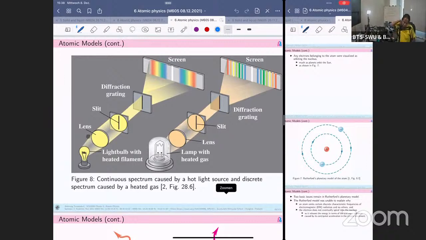He was the first person, and he sold it on the market. It's caused by letting the current flow into the coil, and when the coil is heated, we get the light source.